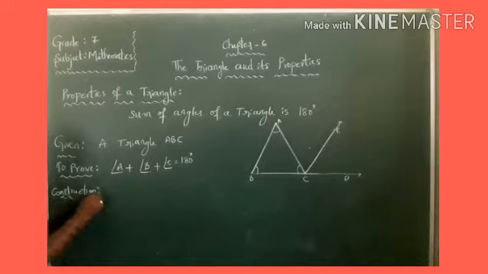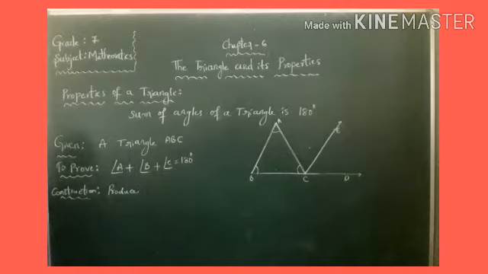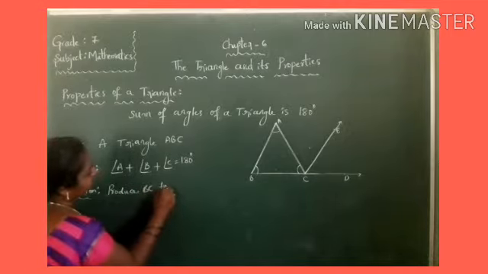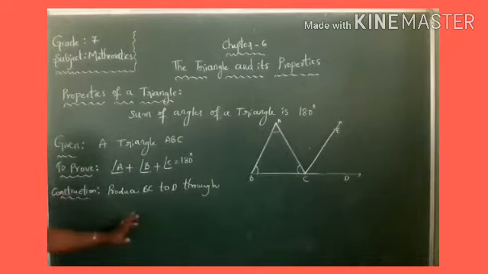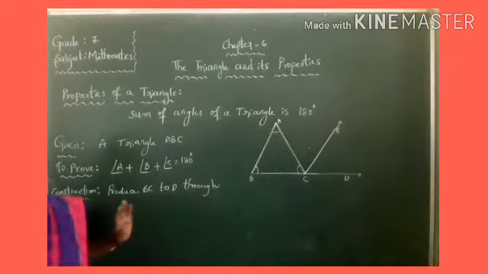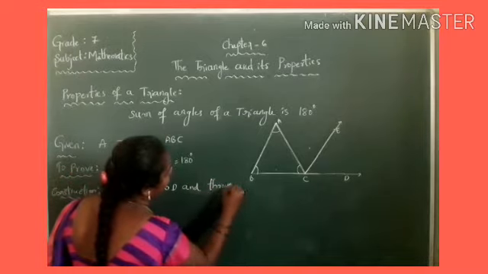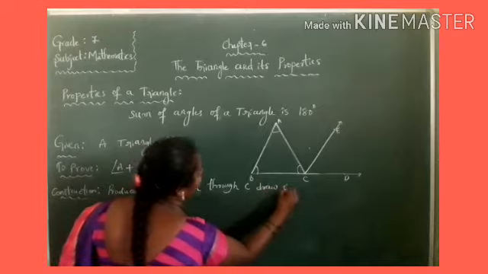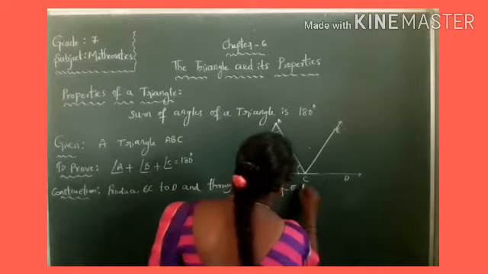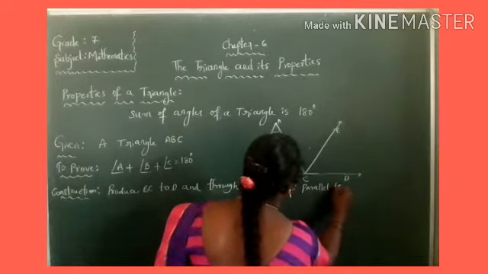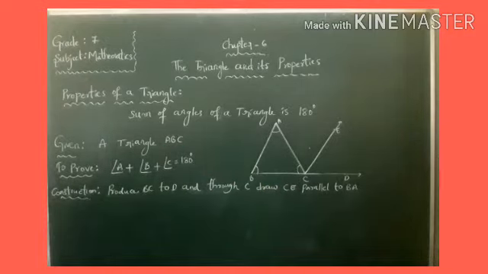So what we have constructed here: we have produced BC to D, and through C we draw CE parallel to BA.